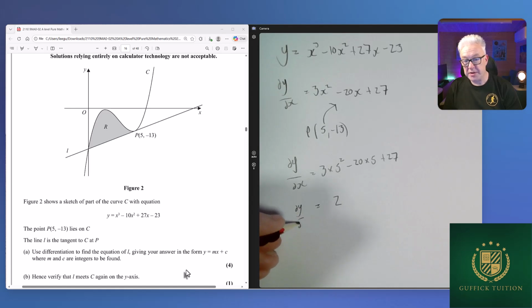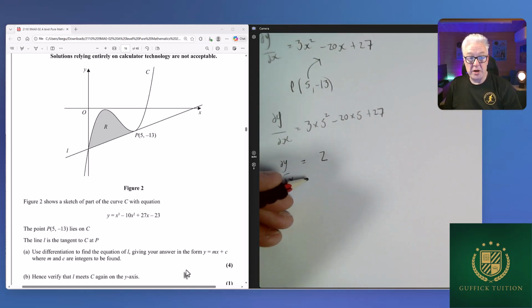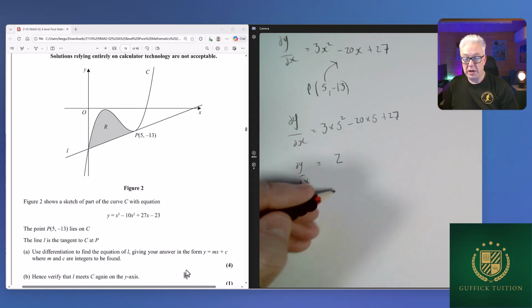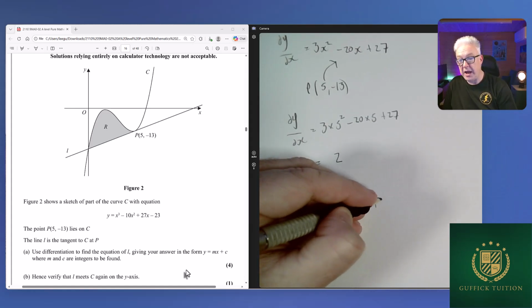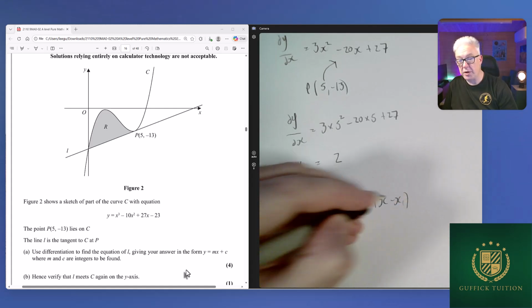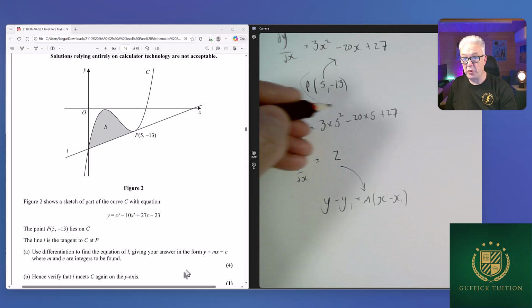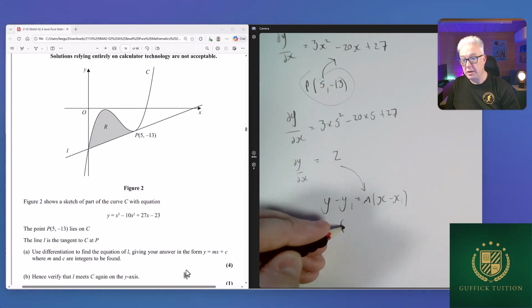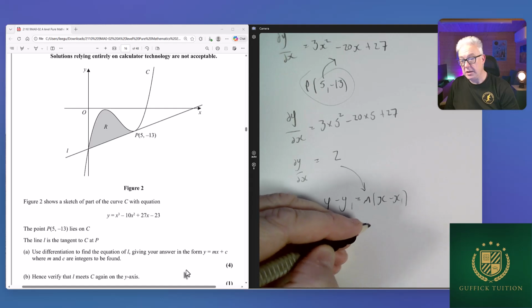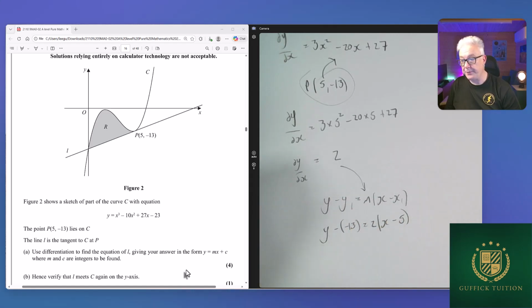So now we're in a position to find the equation of the tangent, the equation of L. So therefore we're going to say, let's use y minus y1 is equal to m times (x minus x1). I'm going to sub in our gradient and we're going to sub in our point, this point here. So we're going to say that y plus 23 is equal to 2 times (x minus 5), like that.